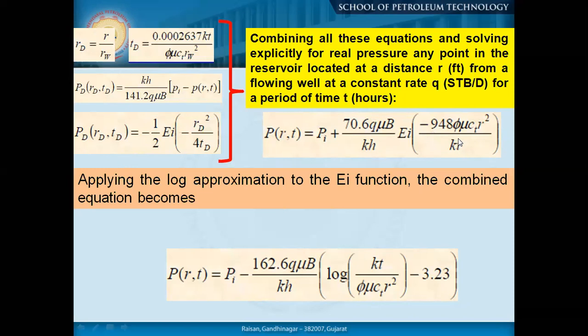By solving for x with different approximations: if the value is less than 0.01, we take the logarithmic approximation, which I wrote here. If it is between 0.01 and 10, then we go for the Ei expansion, and if it is more than 10, then P is considered to be Pi.